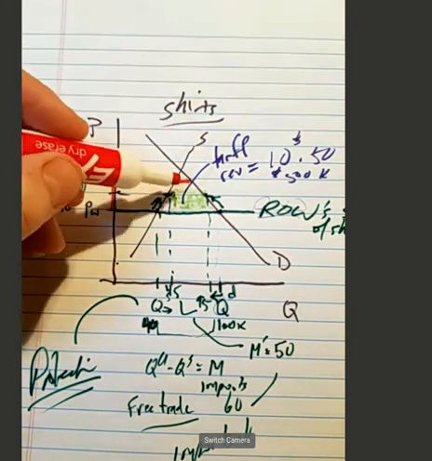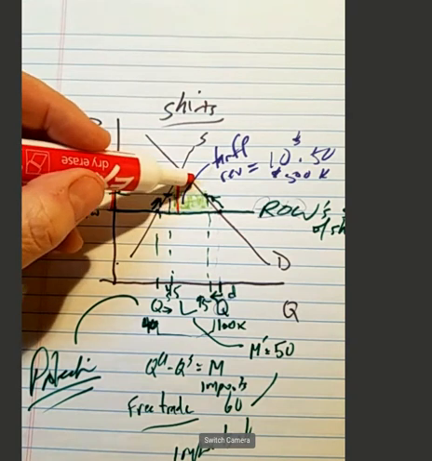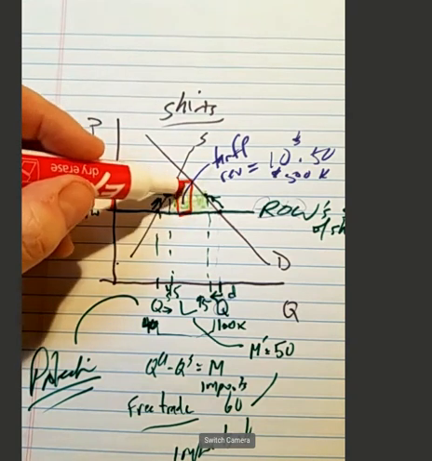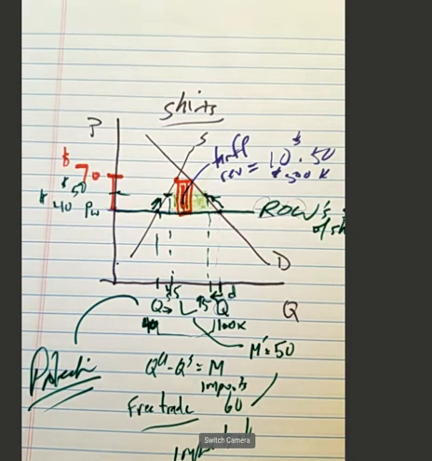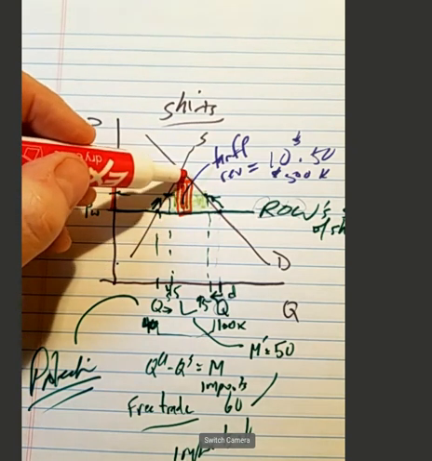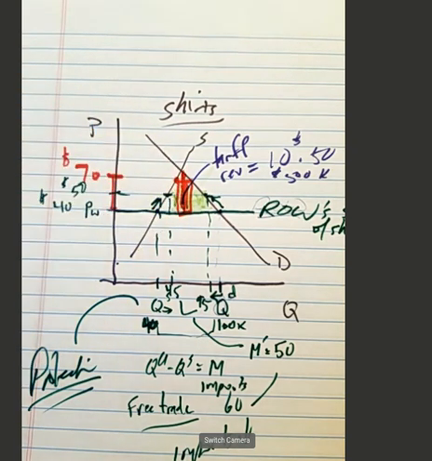Notice there, imports have been reduced to this very small amount. And it's quite possible that that red rectangle of revenue is now smaller than the original green one. And certainly, if we thought about an even higher tariff, we could come close to cutting off the imports. And as the imports shrink, we're talking about less and less revenue. Okay, let's redraw that and we'll do the analysis of the winners and losers associated with this tariff.